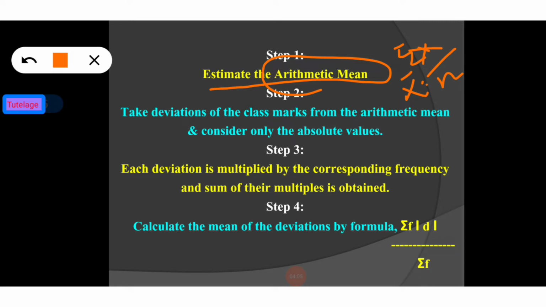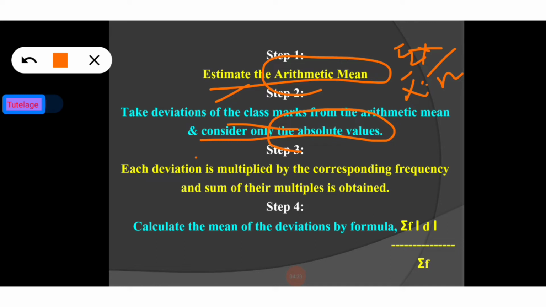Clear? Now going to the second step, take the deviation of the class marks from the arithmetic mean and consider only the absolute values. We have already said that mean deviation always takes only the absolute values, without considering any algebraic sign, that is plus or minus.